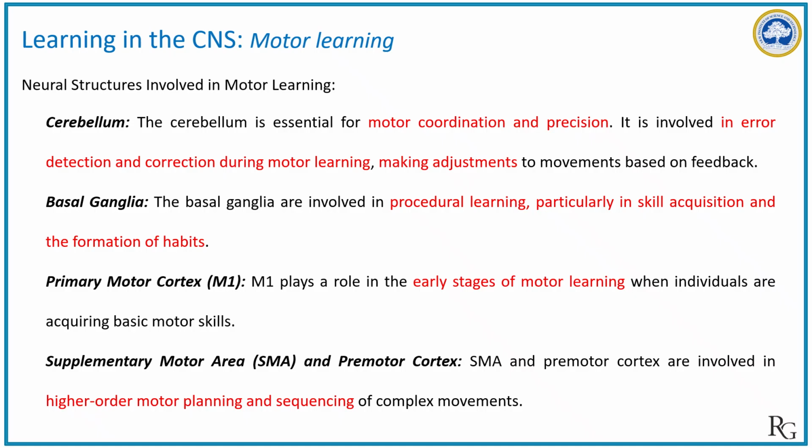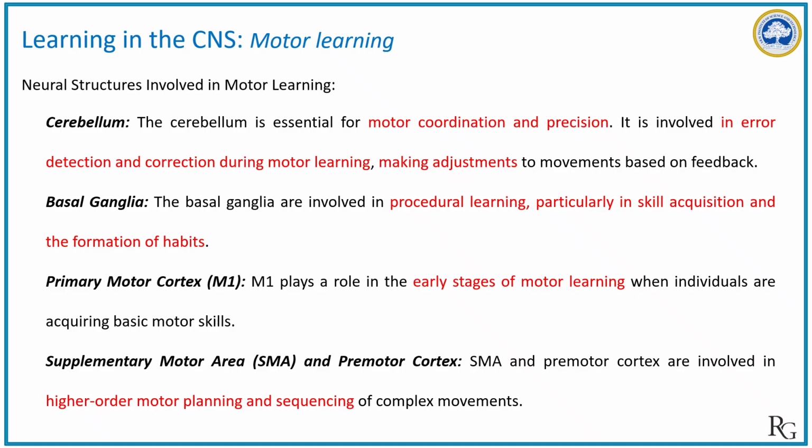To really understand motor learning, we also need to look at the neural structures that make it possible. Different areas of the brain contribute in unique ways. First, let's say the cerebellum. The cerebellum is absolutely essential for motor coordination and precision.